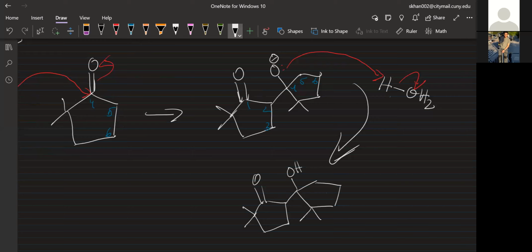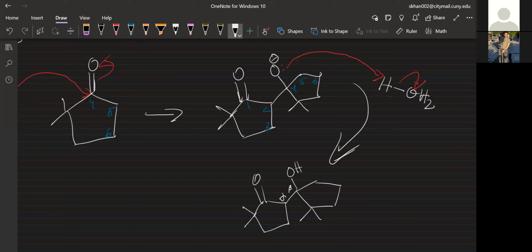There we go. Right. So final product. Beta hydroxy ketone, right? Because now here we have a ketone, right? So this is alpha, beta, right? So that's why beta hydroxy.